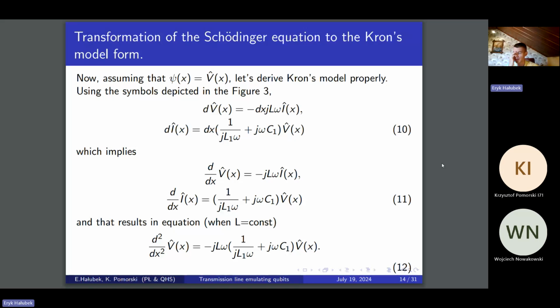After simple rearrangement, we get the derivatives as shown in equation 11, and that results in equation 12, assuming that L is constant.